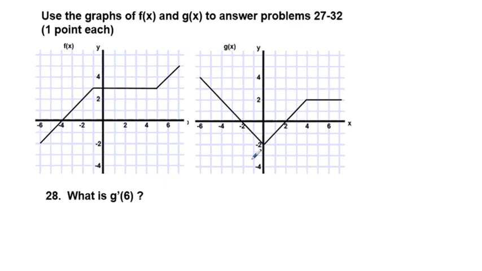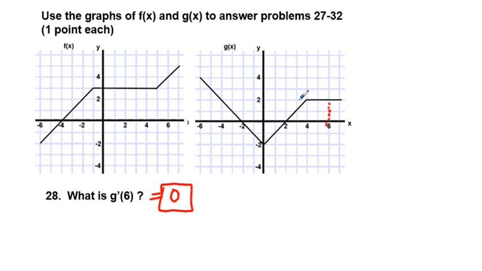Next problem. What is g prime of 6? Well, here we go up to g, we go to 6, and the first derivative is the slope of the original function. And we have this line segment here with the slope of 0. So our g prime of 6 is 0. And if we wanted to, we could take this equation.